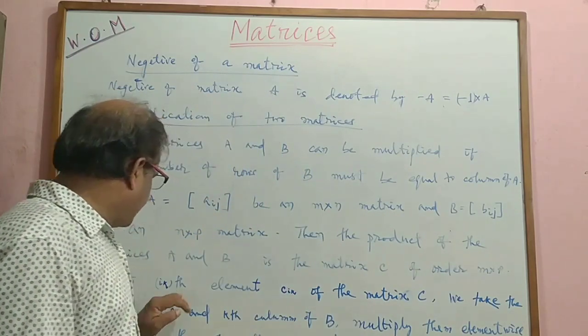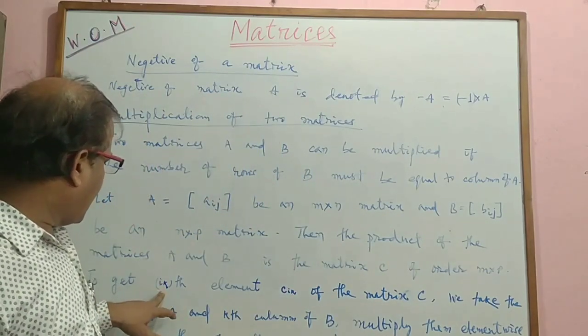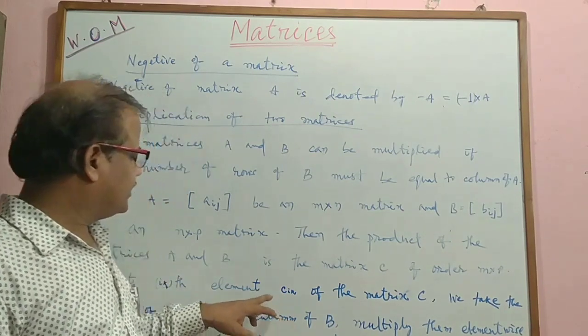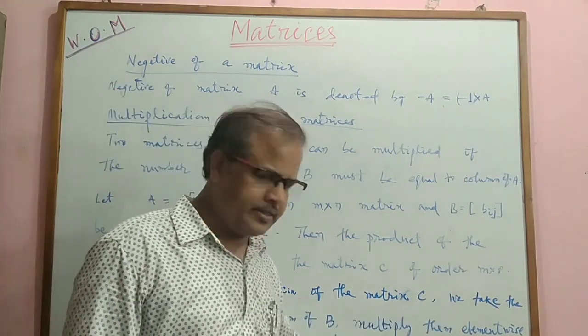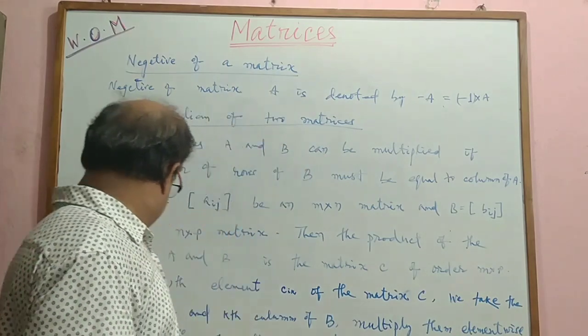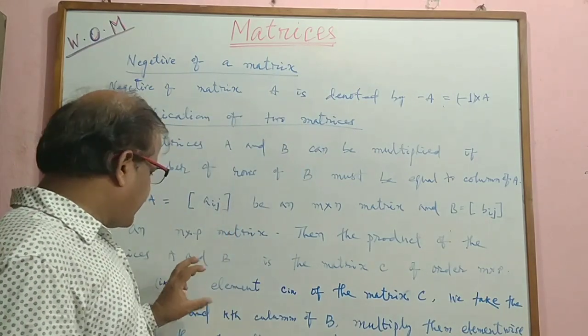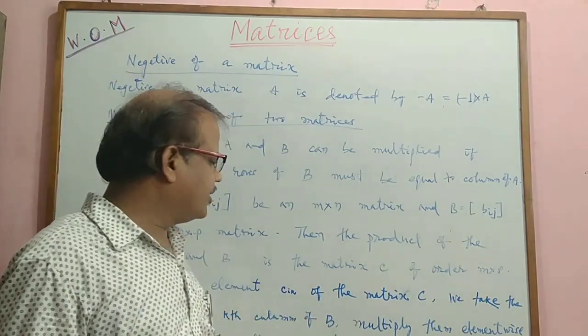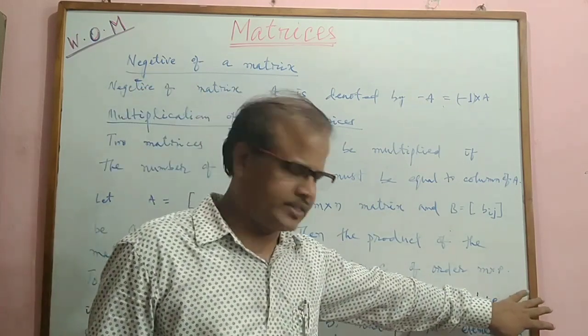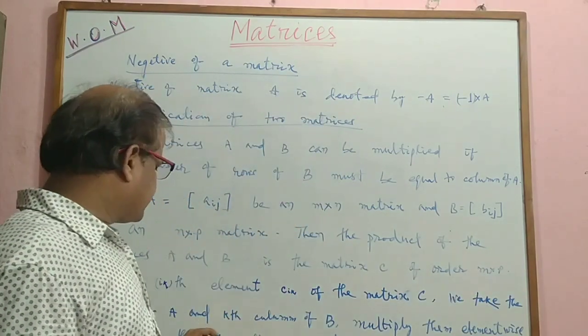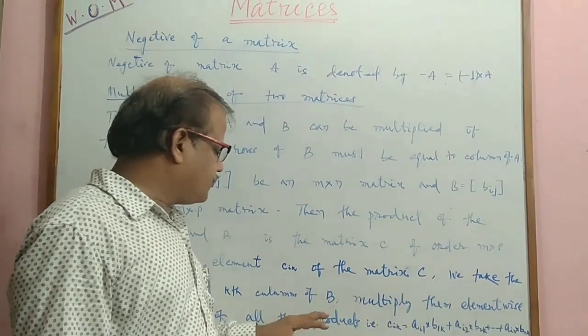To get the ikth element cik of the matrix C, we take the ith row of A and the kth column of B, multiply them element-wise and take the sum of all the products.